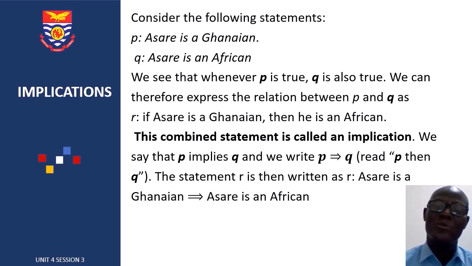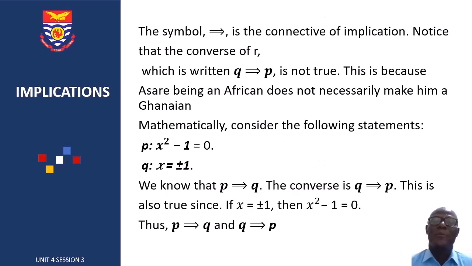From these two statements, P implies Q, meaning Abena is in the hospital because she has muscles. So P implies Q. The implication symbol is what is used to connect implications.